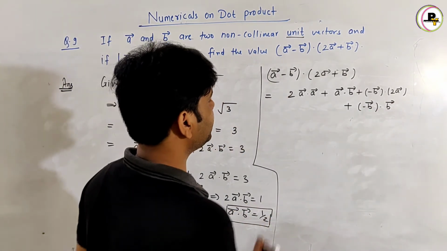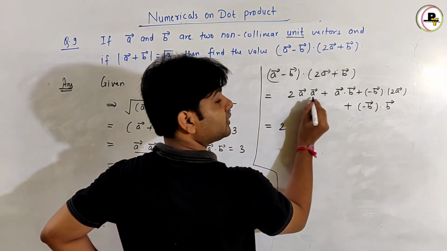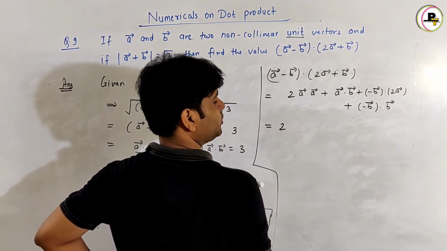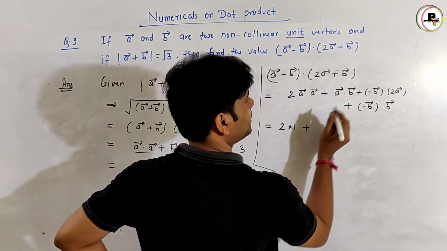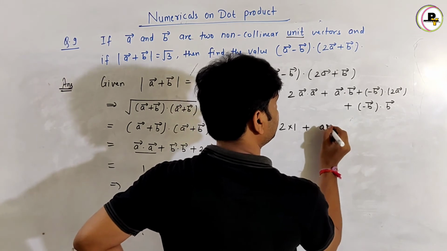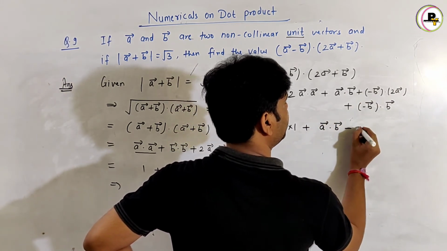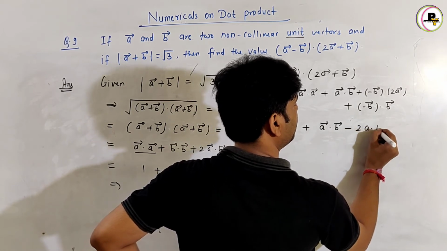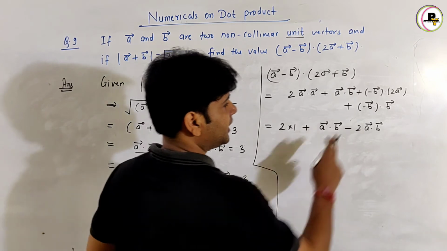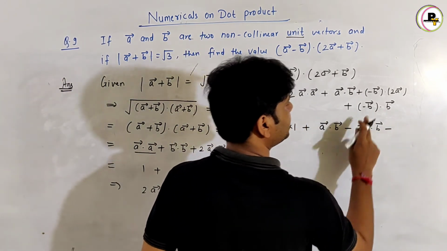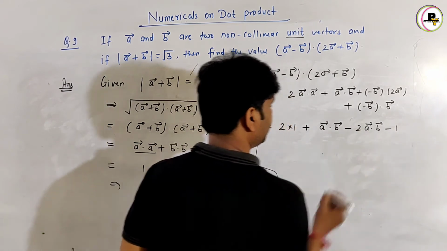So I can write here this is equal to 2 into the self dot product of a unit vector, and this value is 1, and here I get A vector dot B vector, and then minus 2A vector dot B vector, because scalar product is commutative, and here I get minus the self dot product of B vector, because B vector is unit, so this value will be minus 1.